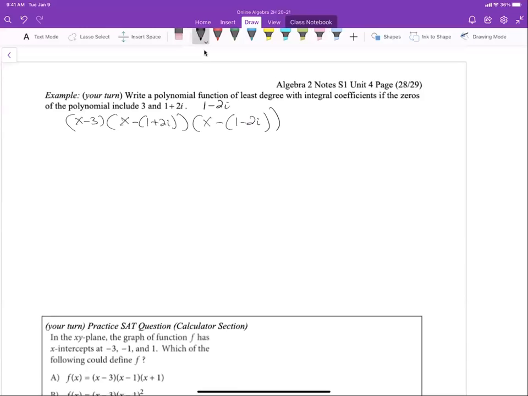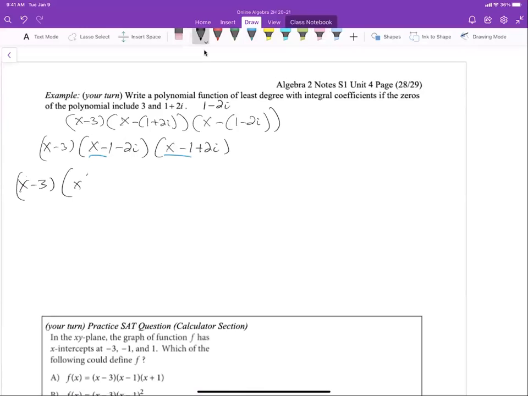Now I have to simplify. x minus 3, I multiply through by that negative, x minus 1, negative 2i, and then I get x minus 1 plus 2i, and then I'm going to multiply that by considering x minus 1 as a single term. And what do I get? Let's bring down my x minus 3.